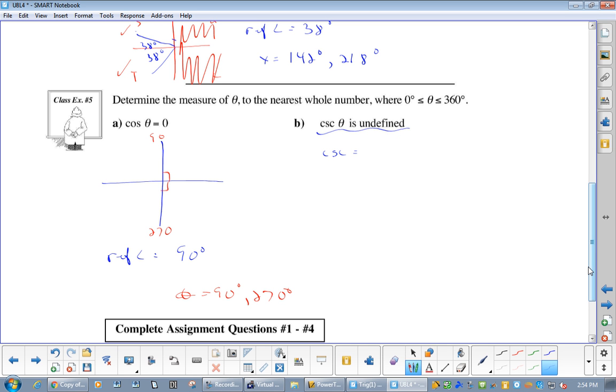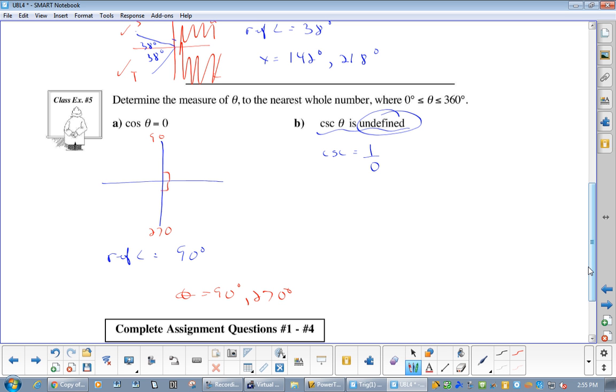When zero's in the bottom. That's what this means, okay? So now you know. Undefined will mean divided by 0. And that is actually why a straight up and down is undefined, because it's rise over run and has a 0 run, right? So cosecant is 1 over 0.